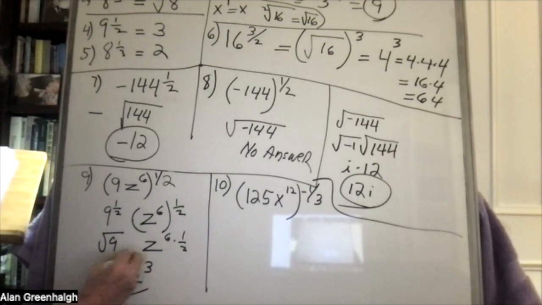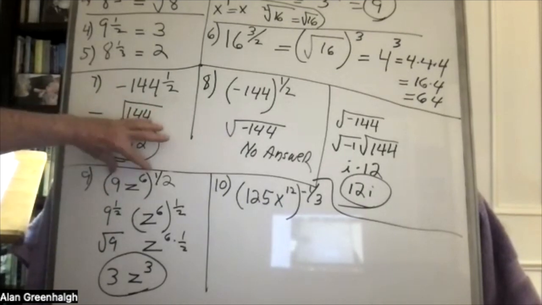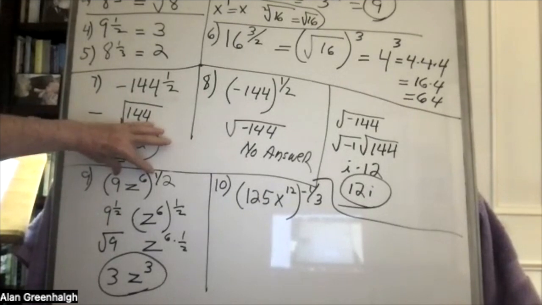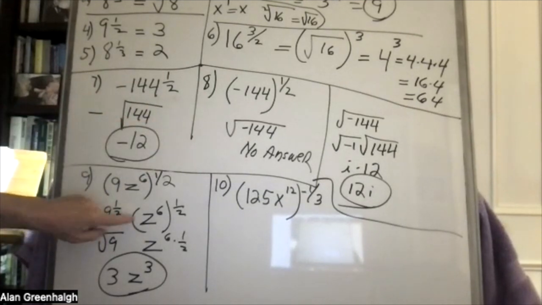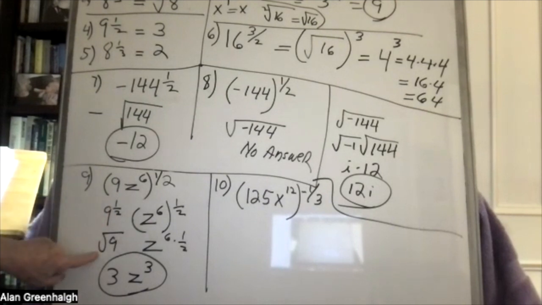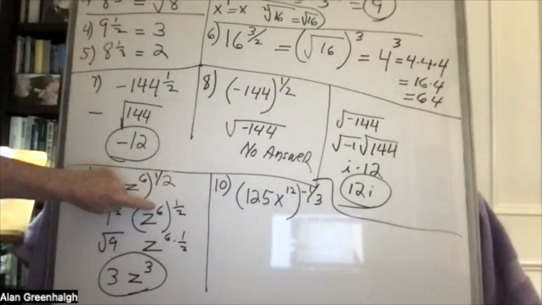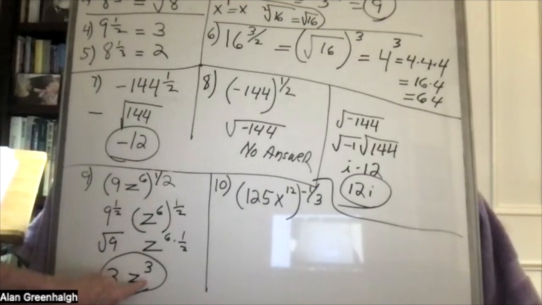And that's the answer to the question. So first, you change this to this times that. The square root of 9 is 3, and 1/2 of 6 is 3. And that's the answer to the question.